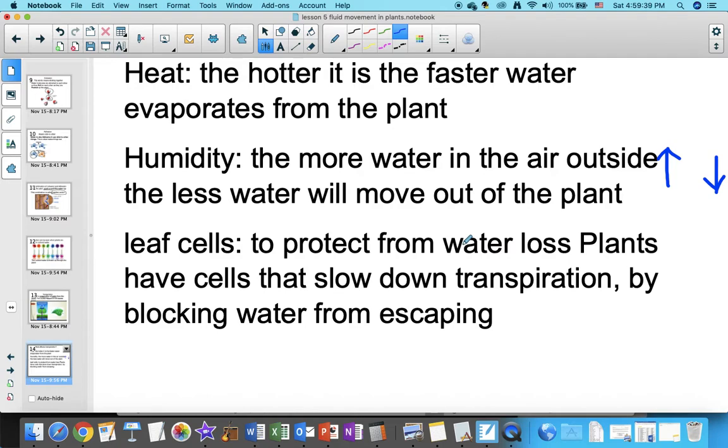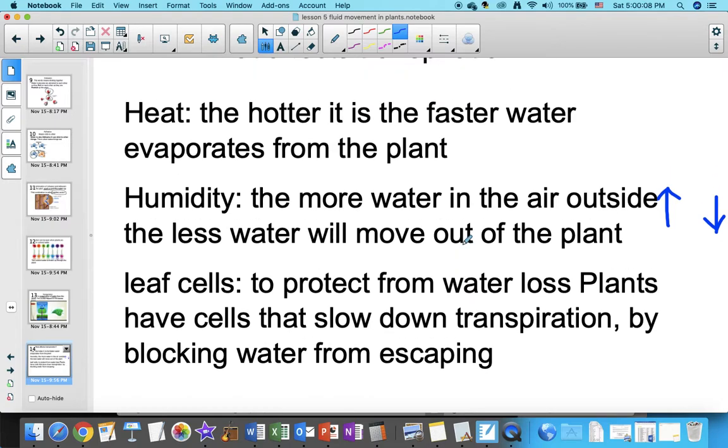Plant cells and leaf cells have little holes in them, and they can allow water to leave, but they can also close up and prevent water from leaving so that the plant doesn't lose water too quickly. Because again, plants still need water. And so if the soil starts to run out of water or if it hasn't rained in a while, the plant will then slow down transpiration to make sure that water stays in the plant.